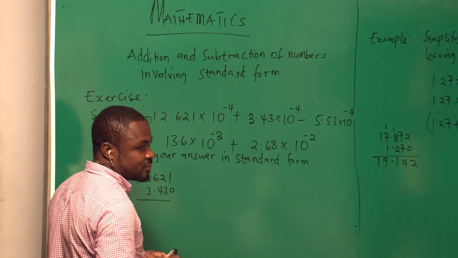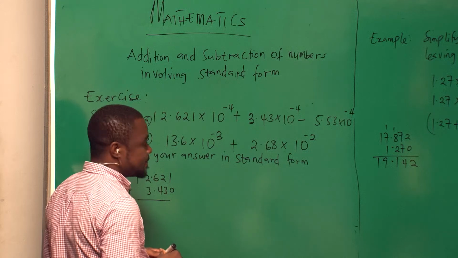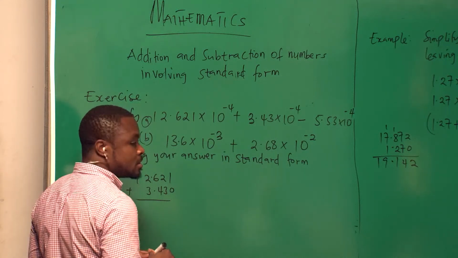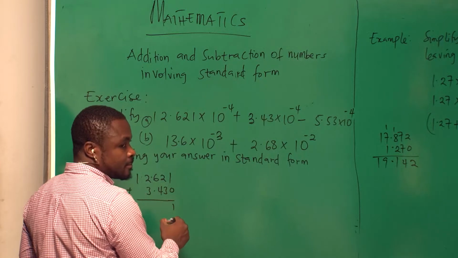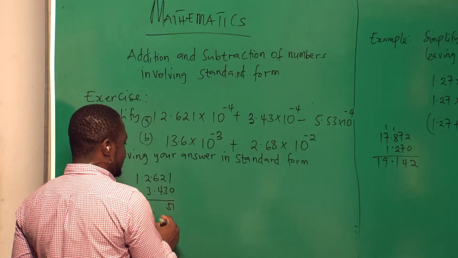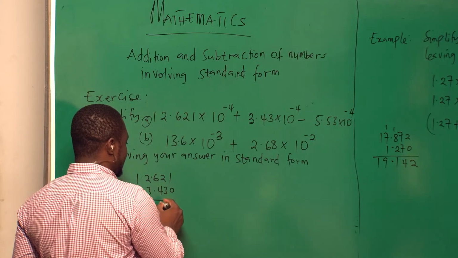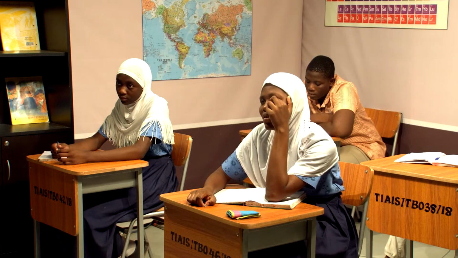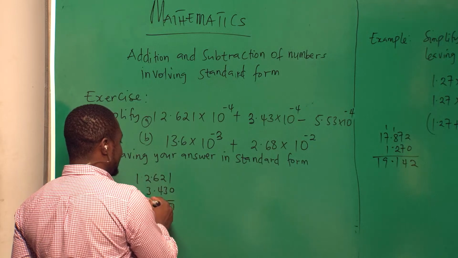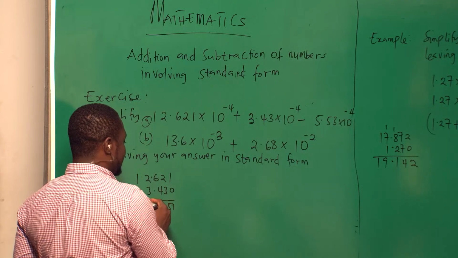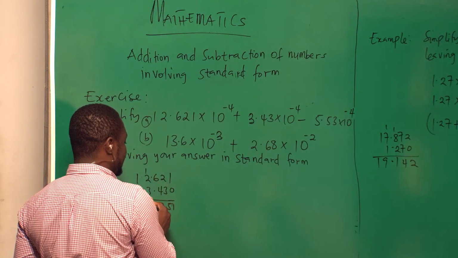So Samira, do that for us. Plus 0.1, okay. 2 plus 3, 5. 6 plus 4, 10, 0. Point. Then 2 plus 5, 8. 2 plus 3, 5 plus the 1, making 6.